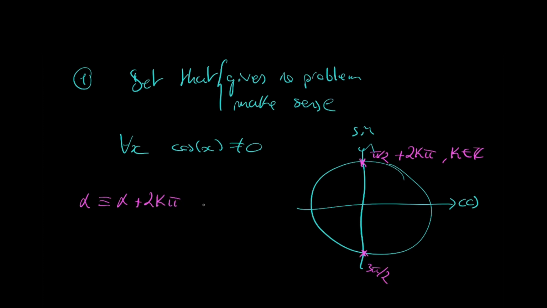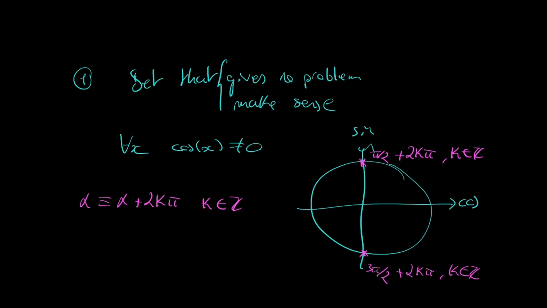If I do one turnaround, plus 2 pi, this is the same angle. If I do minus 1 turnaround, this is the same angle. So here we have plus 2k pi with k in Z.